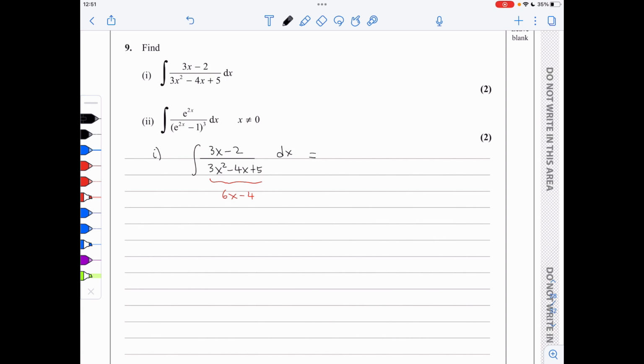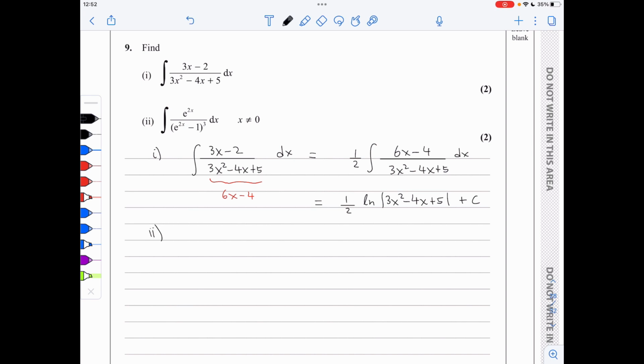So I could multiply the numerator by 2 to get 6x minus 4 over 3x squared minus 4x plus 5. And to counterbalance this, I multiply out by a half. So now that the numerator is the derivative of the denominator, this simply is a half ln of the denominator, 3x squared minus 4x plus 5, and a plus c because it's an indefinite integral.